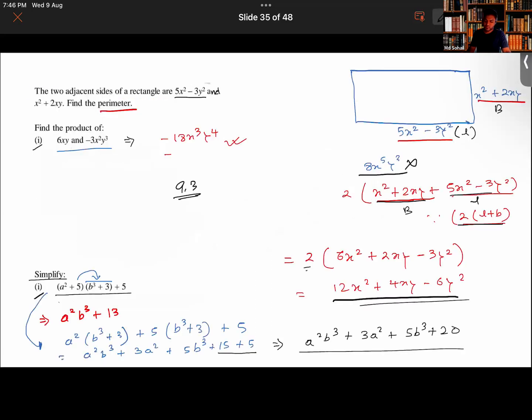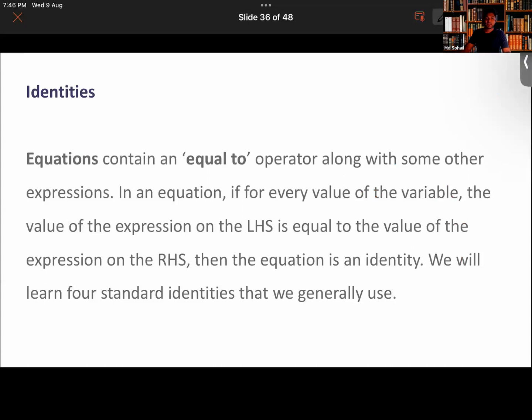Okay, so let's today talk about identities. What are identities now? Like you have got equations in mathematics that contain equal signs, right? So equations that contain an equal to operator along with some other expressions. Okay, so that is what we are going to talk about here.